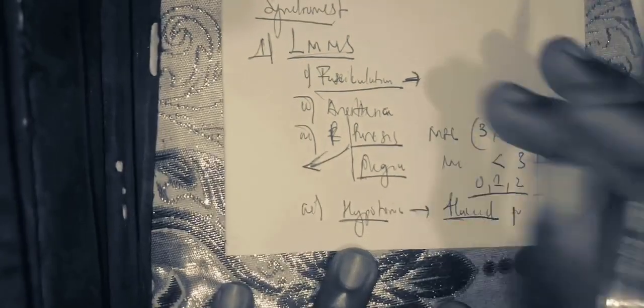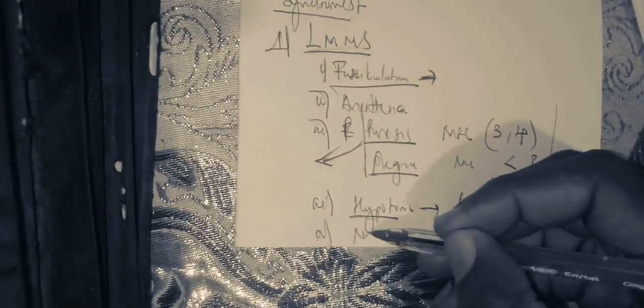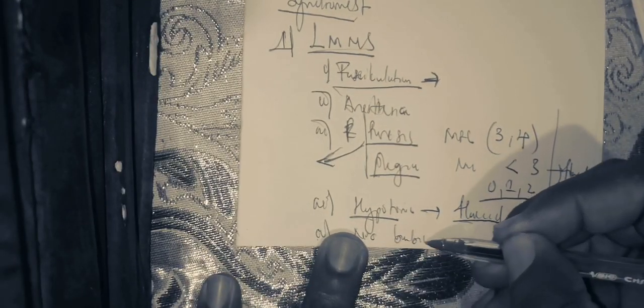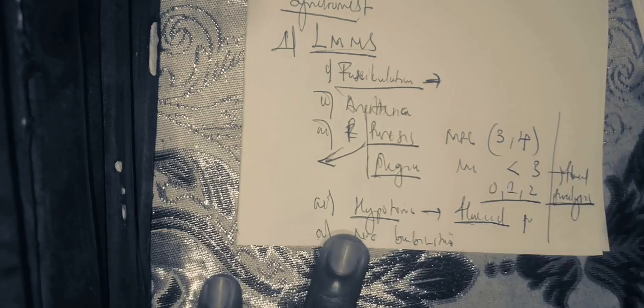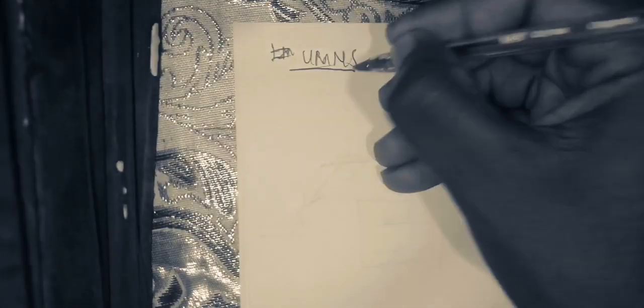Now the next point is that there is no Babinski sign. You have a Babinski sign when you have upper motor neuron syndrome. Is it clear? Now the next syndrome that you have to speak about is upper motor neuron syndrome. Sorry, what we were speaking about was lower motor neuron syndrome. Now it's upper motor neuron syndrome.